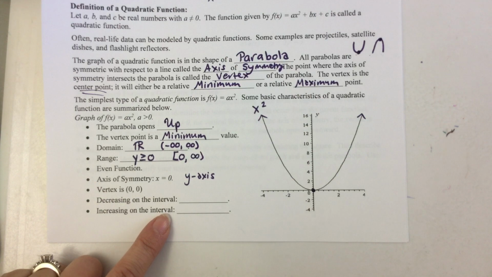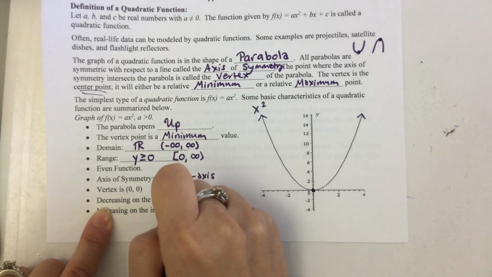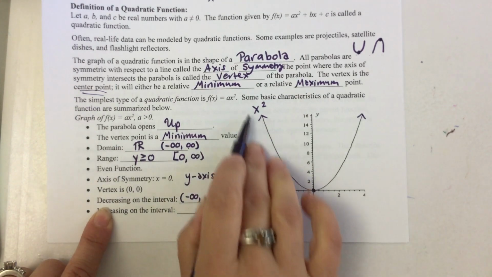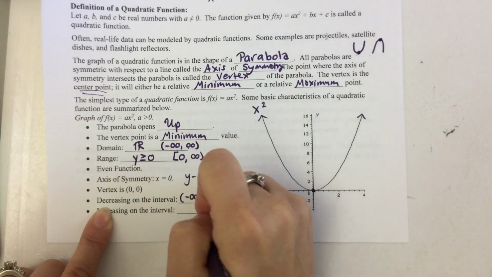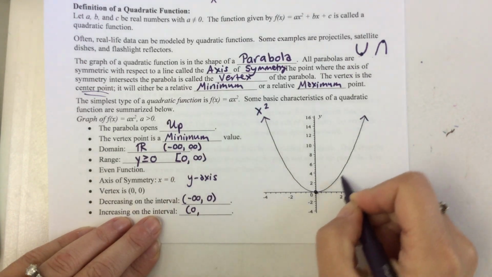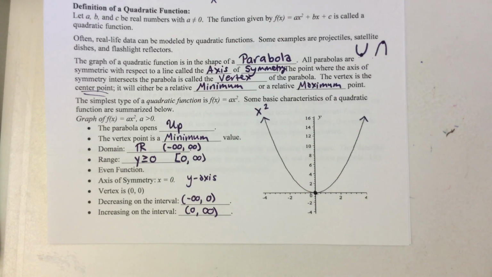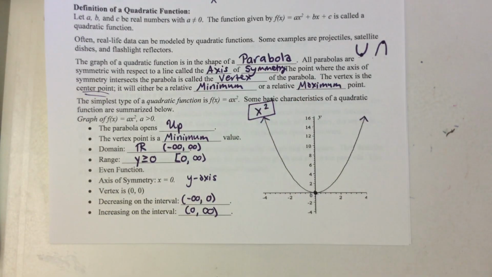Remember intervals of decreasing and increasing. As you go left to right, your graph is decreasing from negative infinity all the way to this point, where your x value is 0. Then it starts increasing at 0, and it goes up, up, up. That's an arrow, so it goes all the way to infinity.